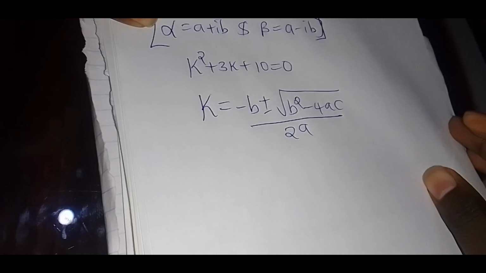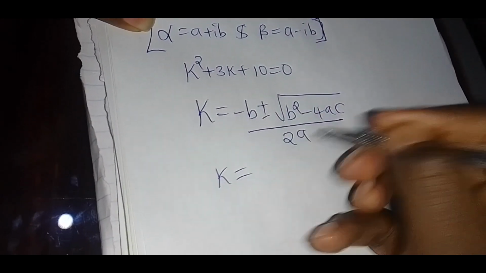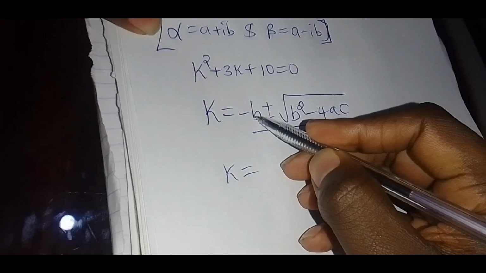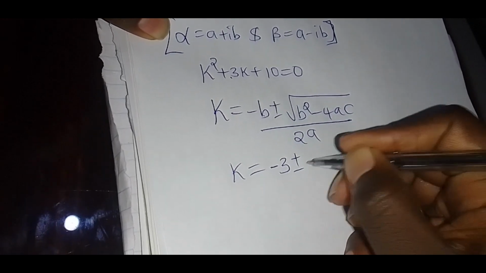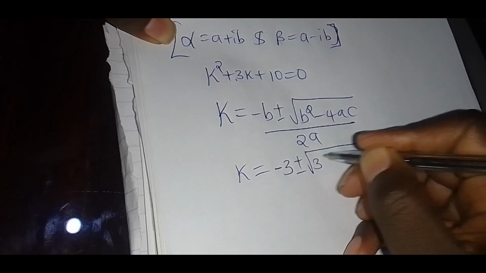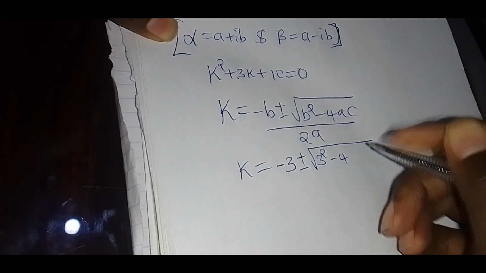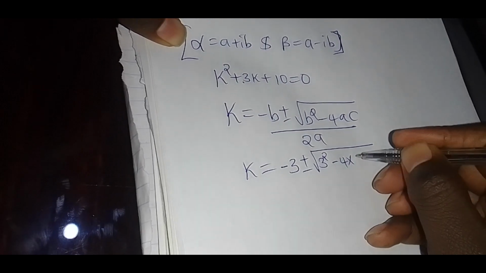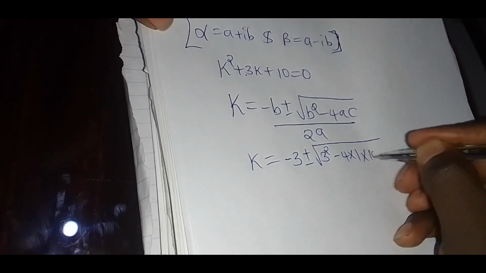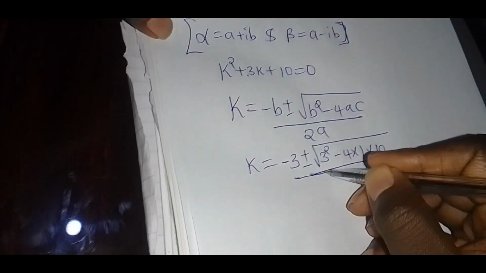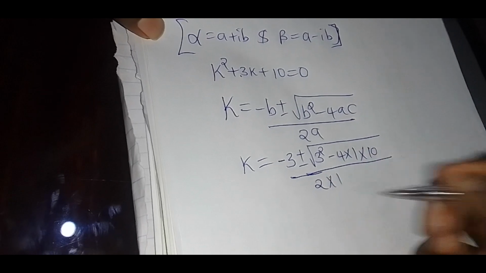Okay, so k is equal to, our b is equal to 3, so it will be minus 3 plus or minus 3 squared minus 4 times a, which is 1, times c, which is 10, divided by 2 times 1.